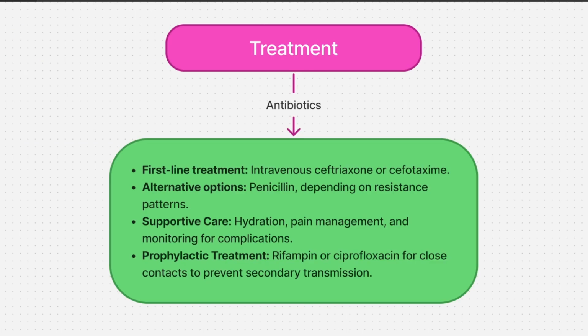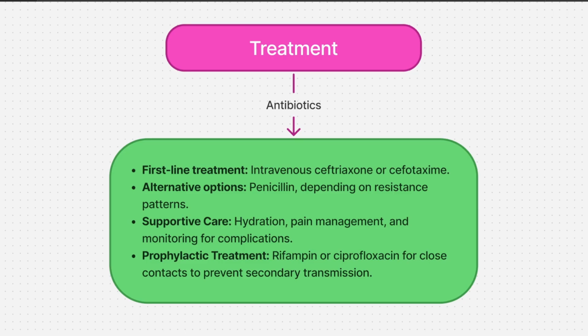Lastly, we're going to discuss the treatment very quickly. So the first line treatment is intravenous ceftriaxone or cefotaxime. We give it intravenous because we need to work quickly, so we can't give it orally, for example.